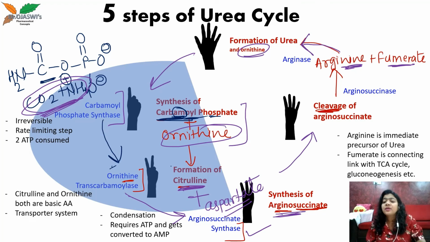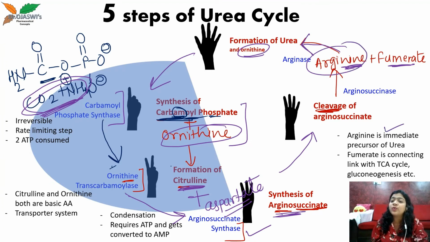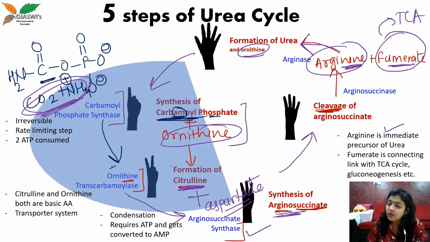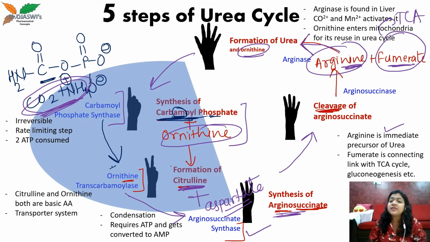Next important point for the fourth step is formation of this arginine. So this arginine is immediate precursor of urea, and this fumarate which is formed is further connected to TCA cycle and gluconeogenesis like pathways. And from this arginine, in the fifth step, the urea and ornithine is formed with the help of enzyme arginase.